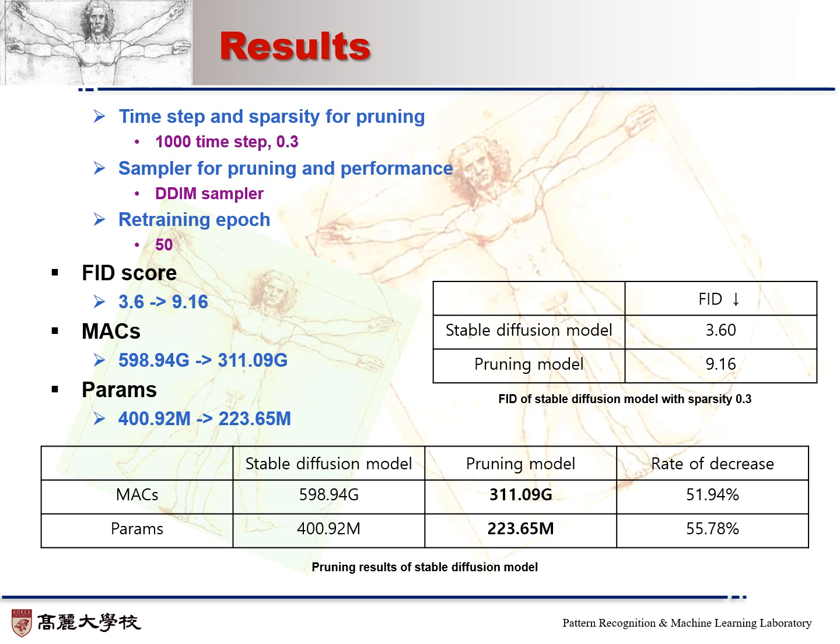The pruning process successfully reduced MACs and parameters by around half, significantly improving model efficiency, while the FID score increased slightly. This can be seen as a trade-off for the achieved compression and reduced computational cost.